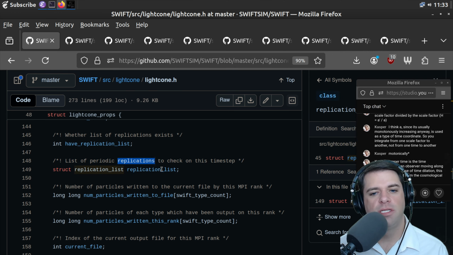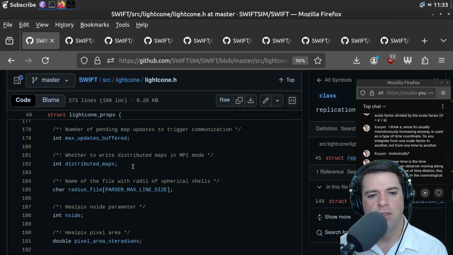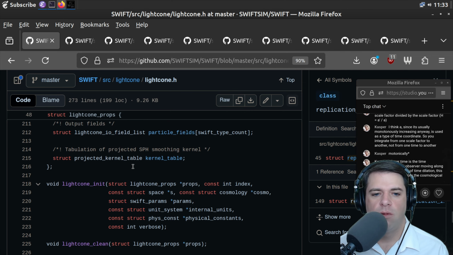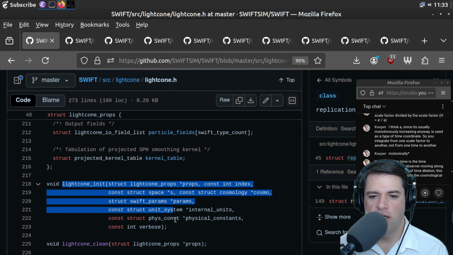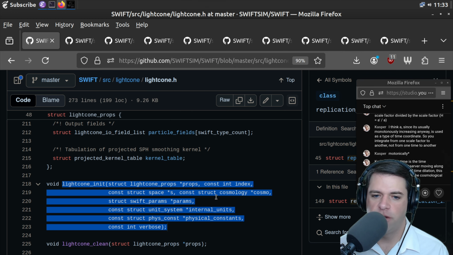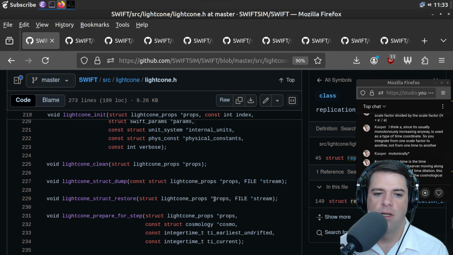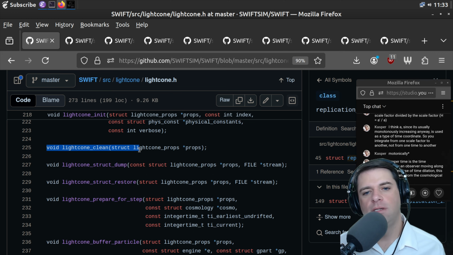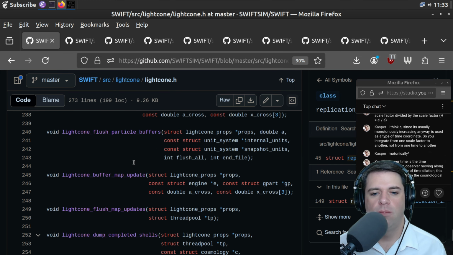Maybe we're doing the same computations multiple times, or maybe some other meaning of replication. And then we have light cone init. It's going to initialize a bunch of light cones. We pass it a bunch of things like properties, index, the cosmology struct, some params. You can clean the light cones. I'm guessing that's probably mostly about the data side of light cones and not the physics side. You can restore them, buffer, etc.